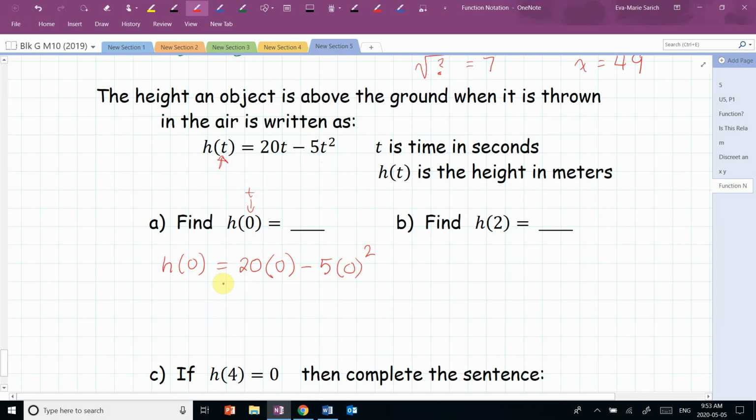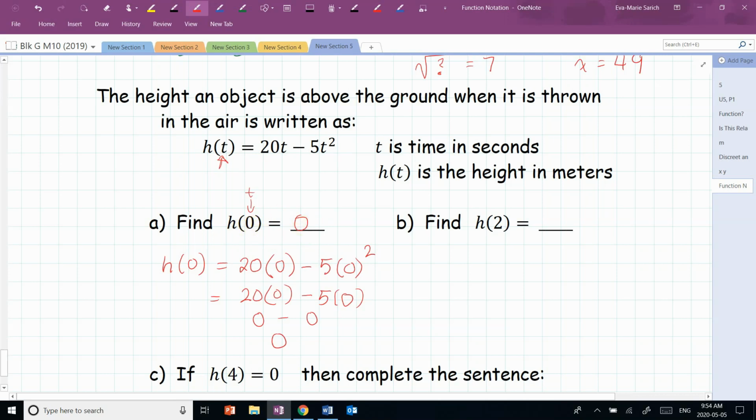Remember, we have to do exponents first, so 0 squared is 0. Now we have 20 times 0, which is 0, minus 5 times 0, which is 0, and 0 minus 0 is 0. This should make sense: at time 0, the height should be 0.